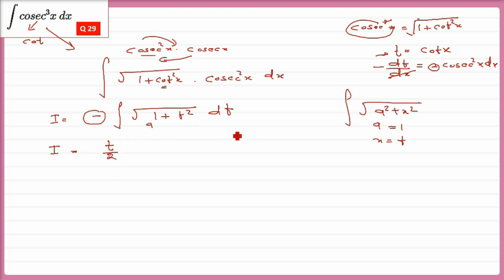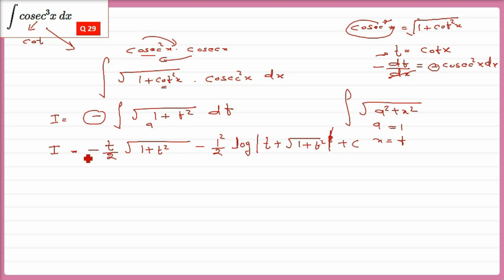But because of this negative sign in front, both terms, which are the result of under root a square plus x square, here under root 1 plus t square, will be negative. So t by 2 under root 1 plus t square minus a square by 2 log, and inside that log we have modulus t plus under root 1 plus t square, plus constant of integration.